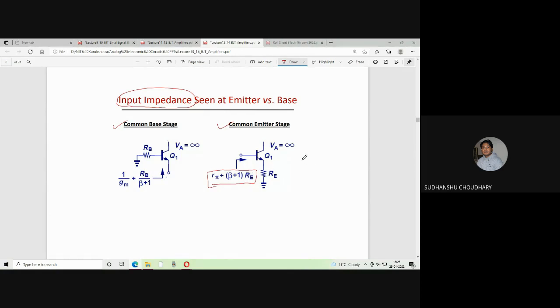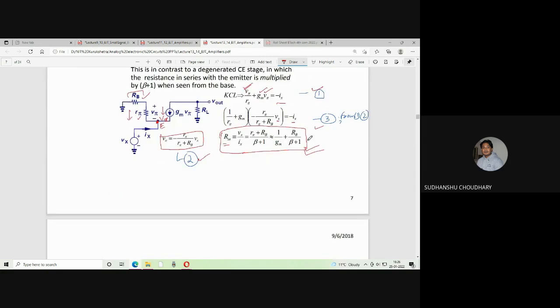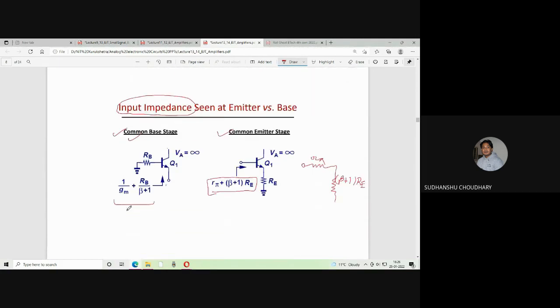You remember that we had drawn a circuit at the impedance side. We had said that this is R pi and this was beta plus 1 Ra for common emitter. But for common base, the input impedance we are getting is 1 by Gm plus Rb by beta plus 1.